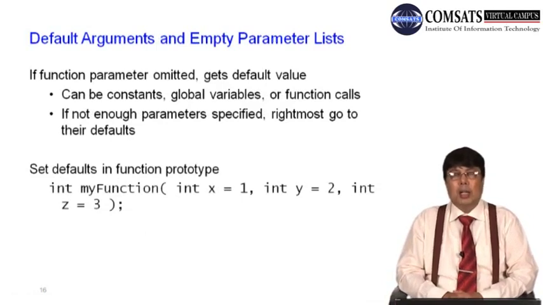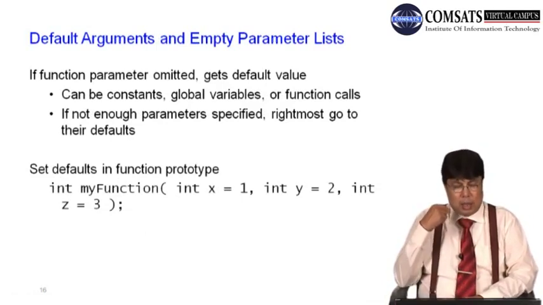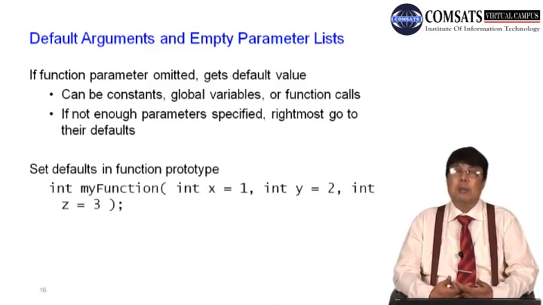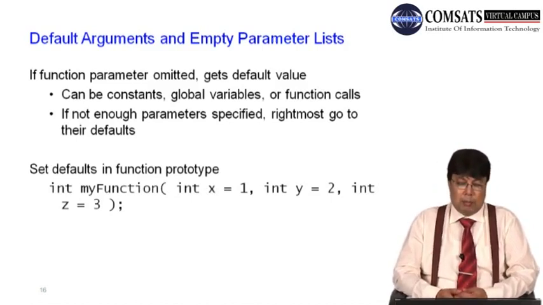Empty parameter list: I think we have already discussed it in our C language course, where we talked about the default parameter list and empty parameter list, but you have to be a little careful, because there is a very minute difference.